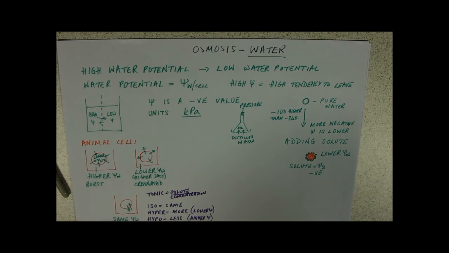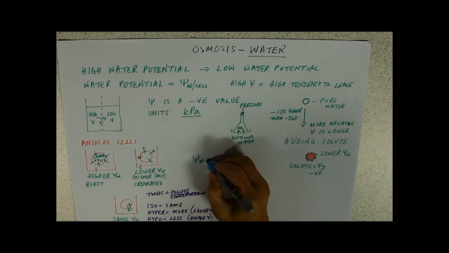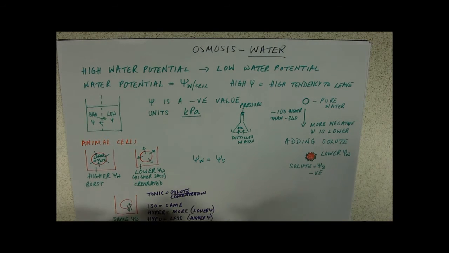It's always going to be moving from high to low. In animal cells, because there is no cell wall, pretty much the water potential of the cell is equal to the solute potential of the cell. So that's nice and easy to remember.